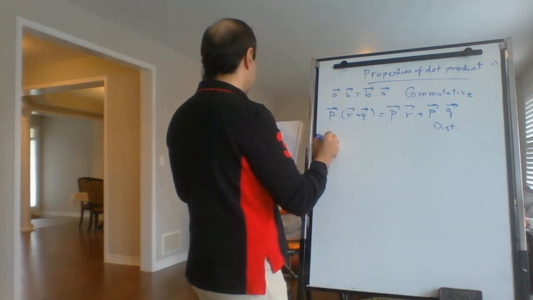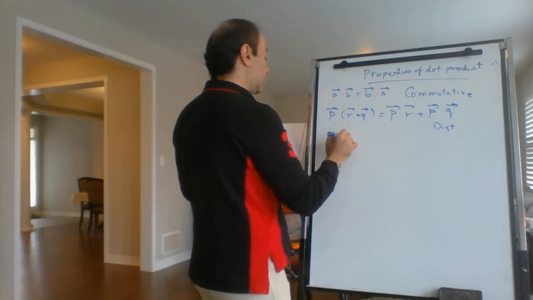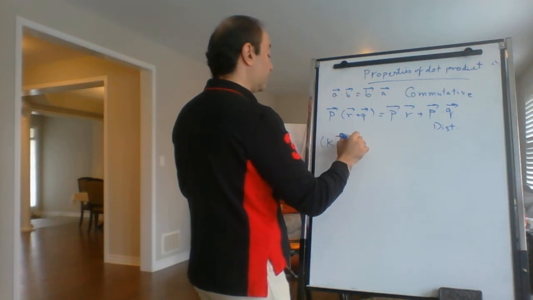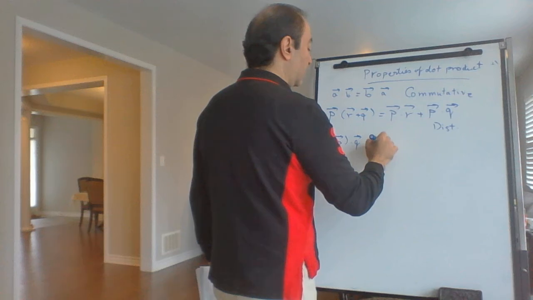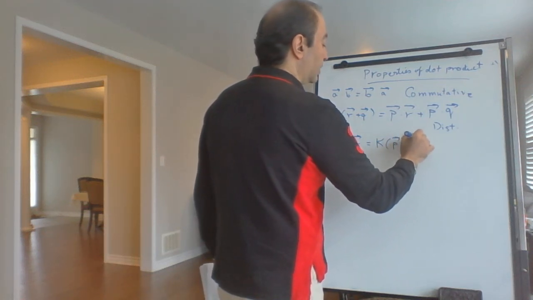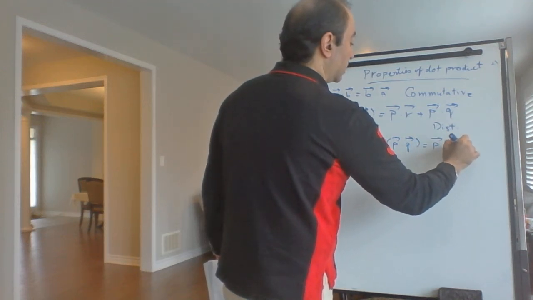The third property is associative. If I have a scalar K times vector P dot Q, this is the same thing as K times P dot Q, the same thing as P dot K times Q. So this is the associative property.